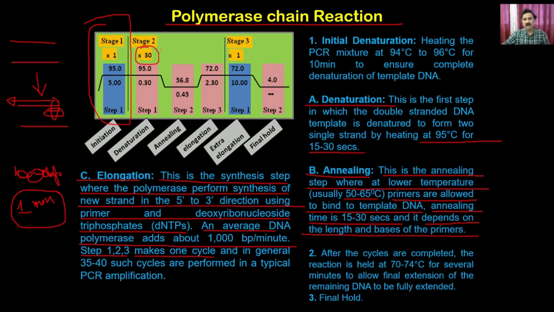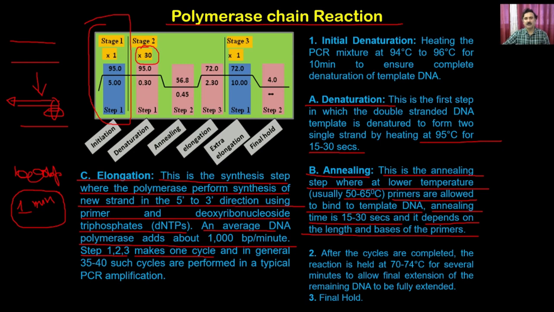If this continues for 30 cycles, you can imagine that if you started with one, it is going to give you a lot of amplification of the same template. After this is over, you are going to do the final elongation at 72 degrees Celsius for 10 minutes, which gives the enzyme time to complete the elongation of all the other DNA strands.